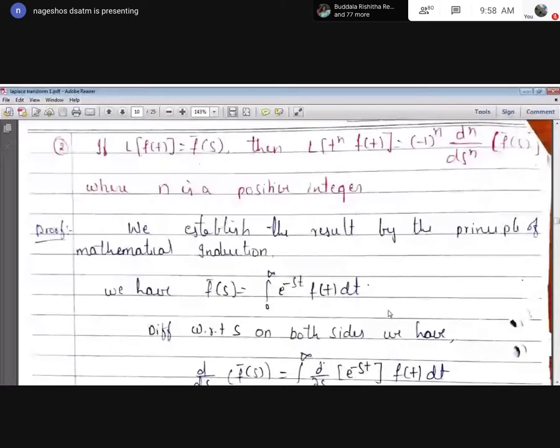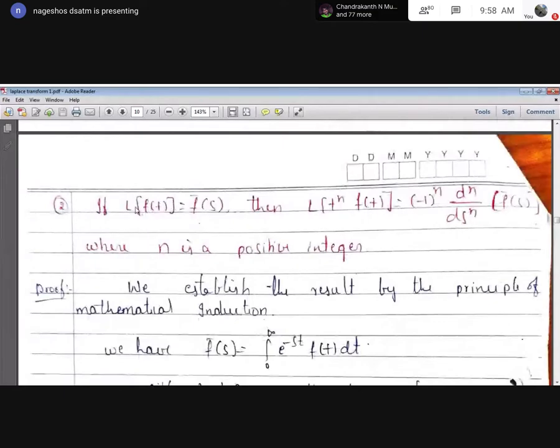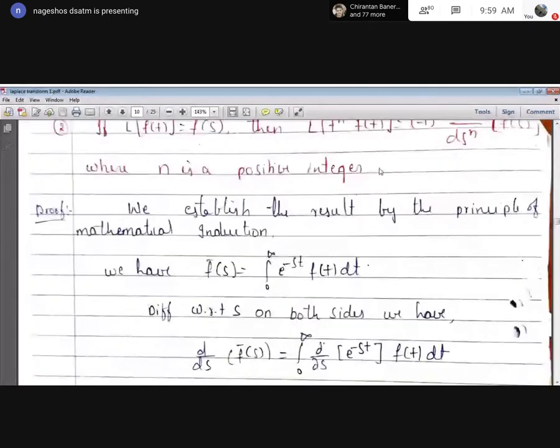Again, proof of this: when I use this property in problems, I will tell how to use it. If I tell you now, you will forget.